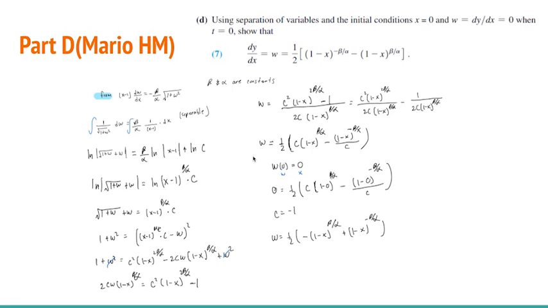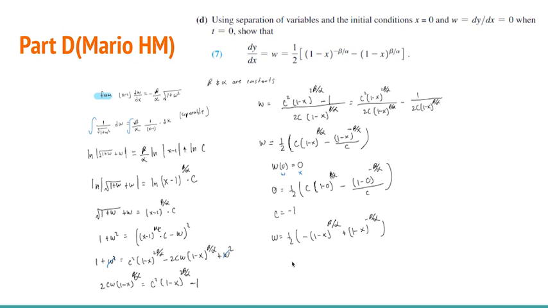Once I plug in the values for c, you could determine that this final equation is the same equation that I got myself from solving this initial equation.